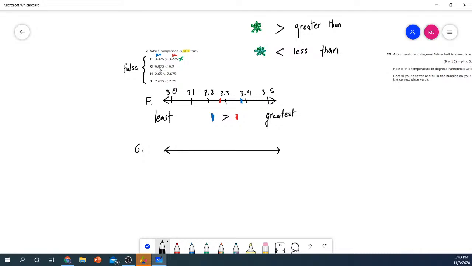So G, we see the numbers 6.875 and 6.9. So let's try to look for a minimum and maximum value we can use for a number line. So we know 6.875 and 6.9 are greater than 6.8, which would go right here, 6.8.